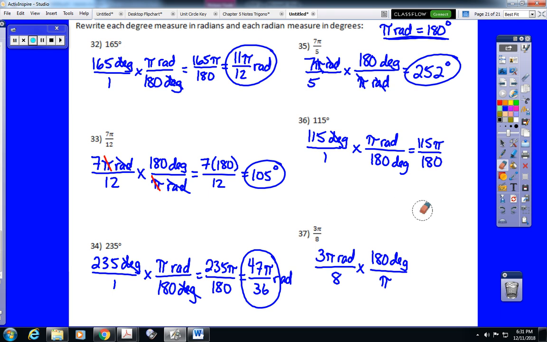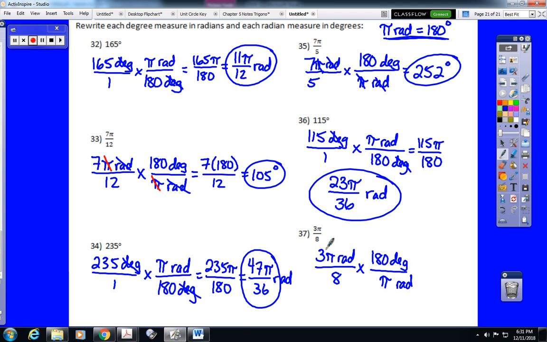So let's fix that. Okay, 115 over 180 reduces to 23 over 36. So 23 pi over 36 radians. My mistake.